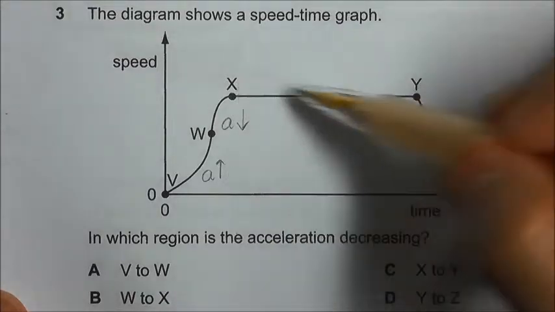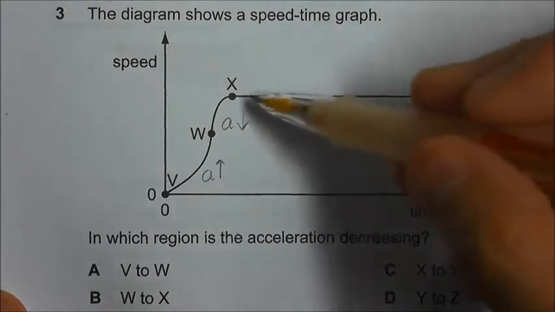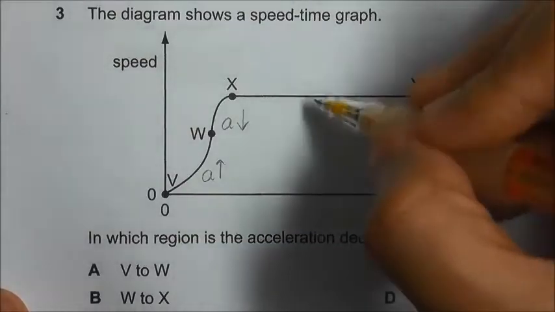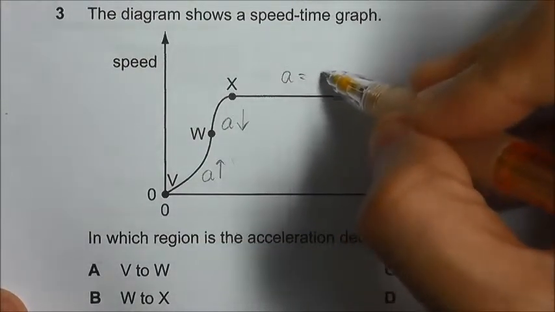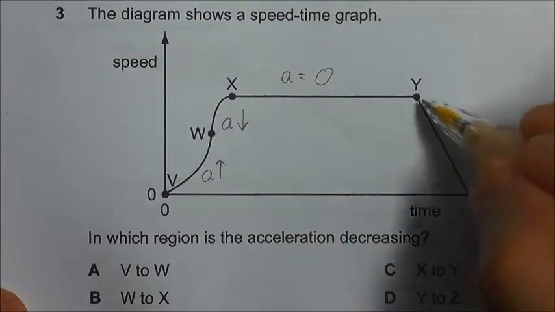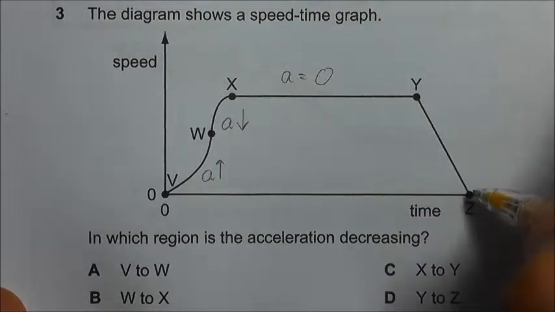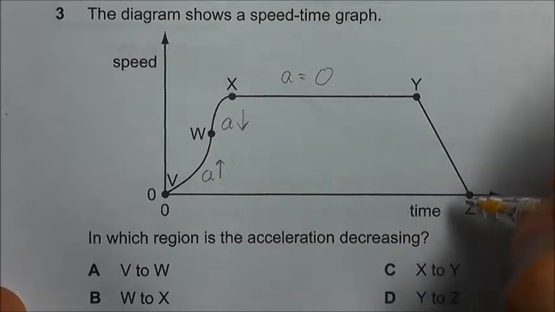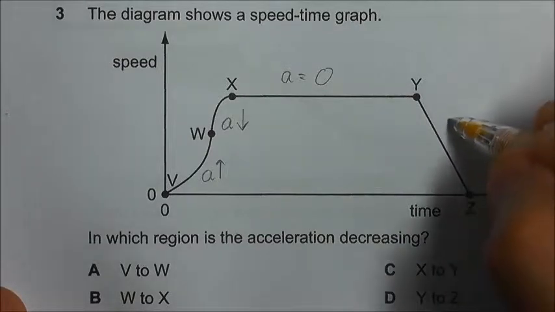And from X to Y is flat, so there is no steepness at all. So the acceleration is equal to 0. And from Y to Z is a downslope. So downslope means that there is no acceleration, the object is decelerating.